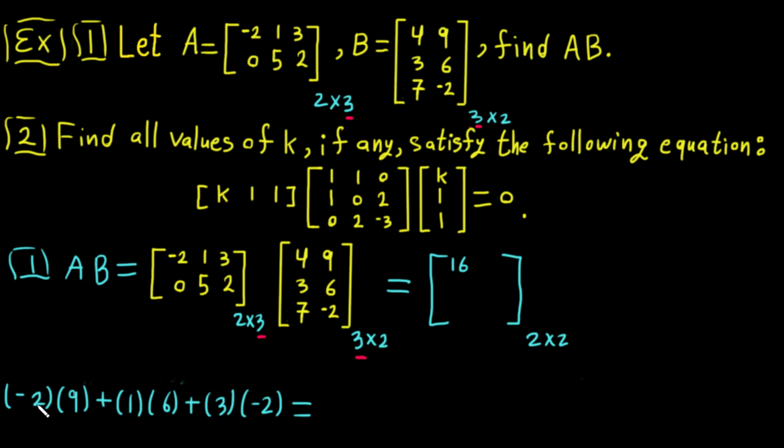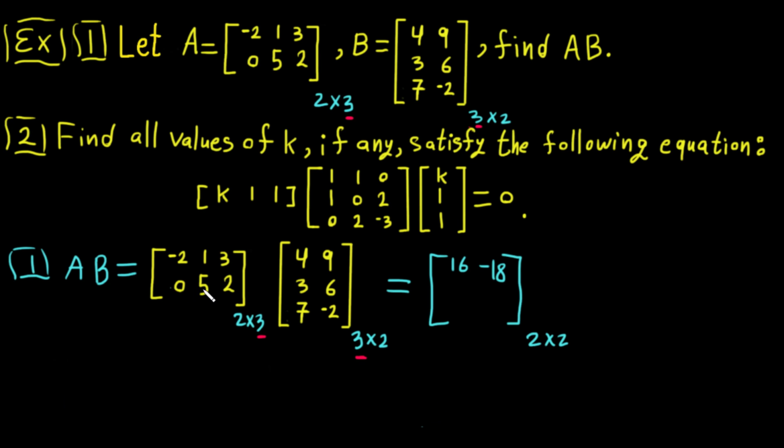Now we have to add them together. So minus 2 multiplied by 9, which is minus 18. 6 multiplied by 1, which is 6. 3 multiplied by negative 2, which is negative 6. This one will cancel with this one, so we will get negative 18. Now let's erase this one.